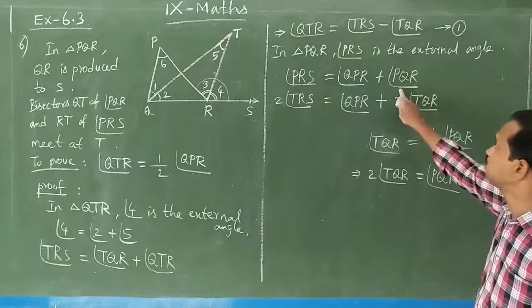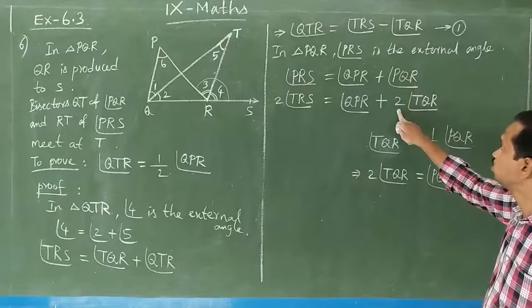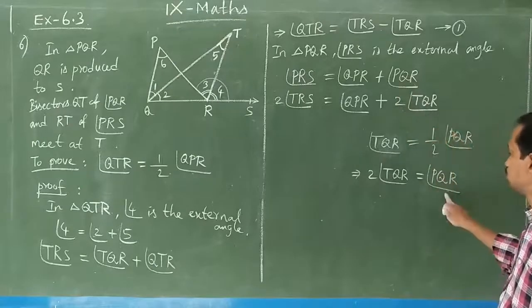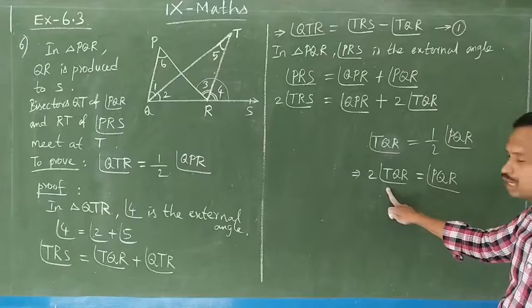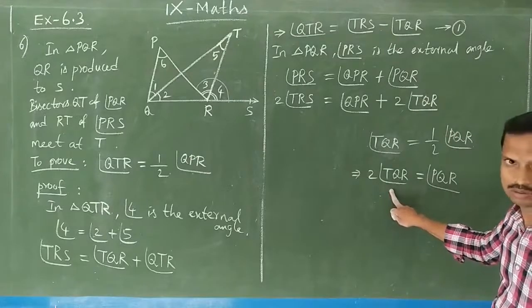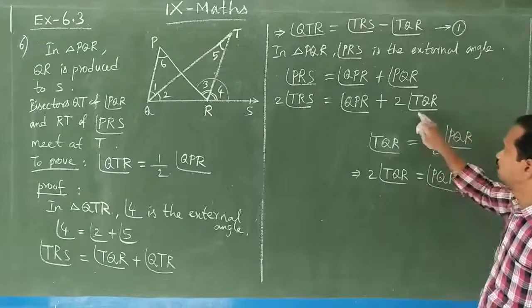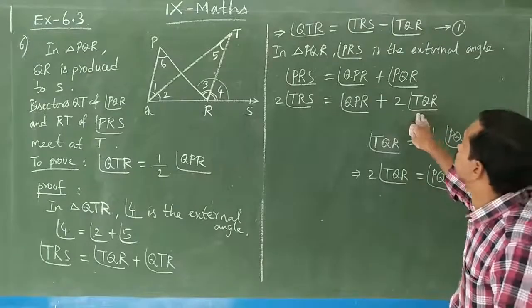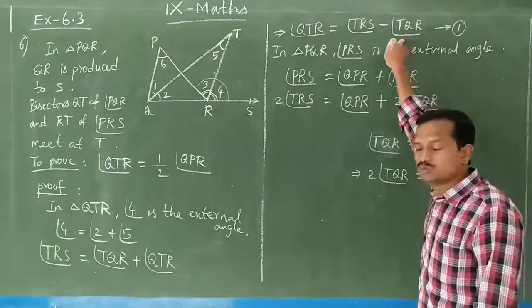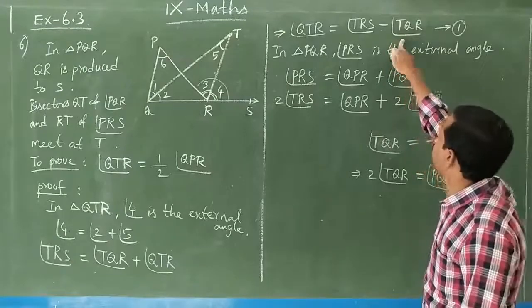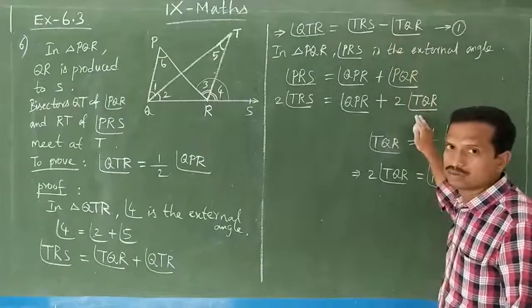So instead of PQR, I wrote 2 into angle TQR. Now is it clear? So why I am trying to write PQR like this means, because here in the equation 1 we have PQR. So we are trying to write that.